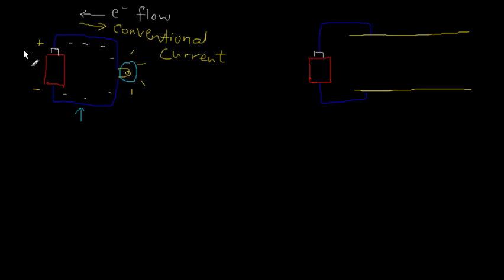So what the battery will do is that it will put positive charges on this plate that's connected to the positive pole and negative charges on the other plate.